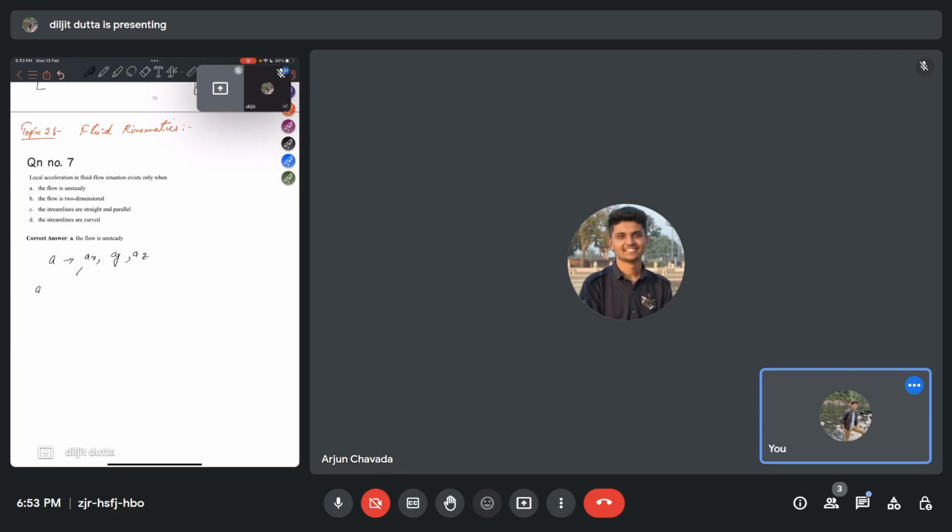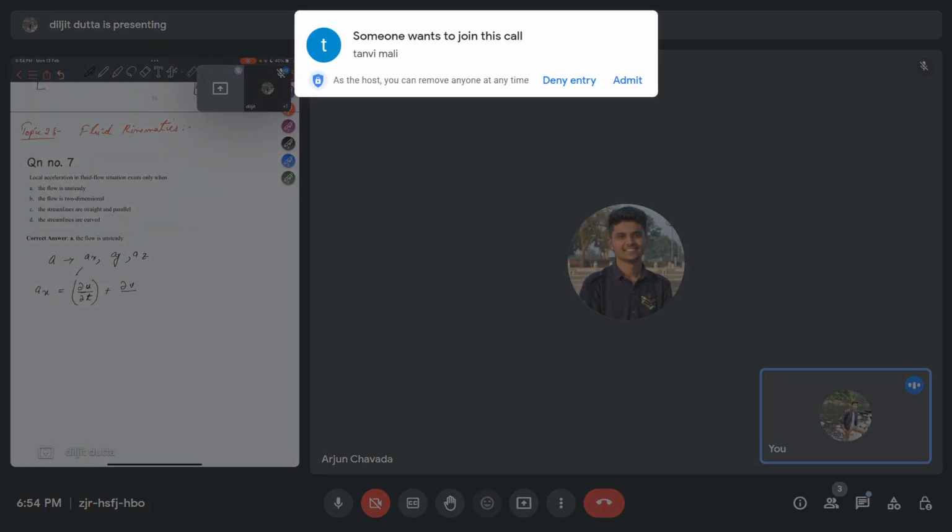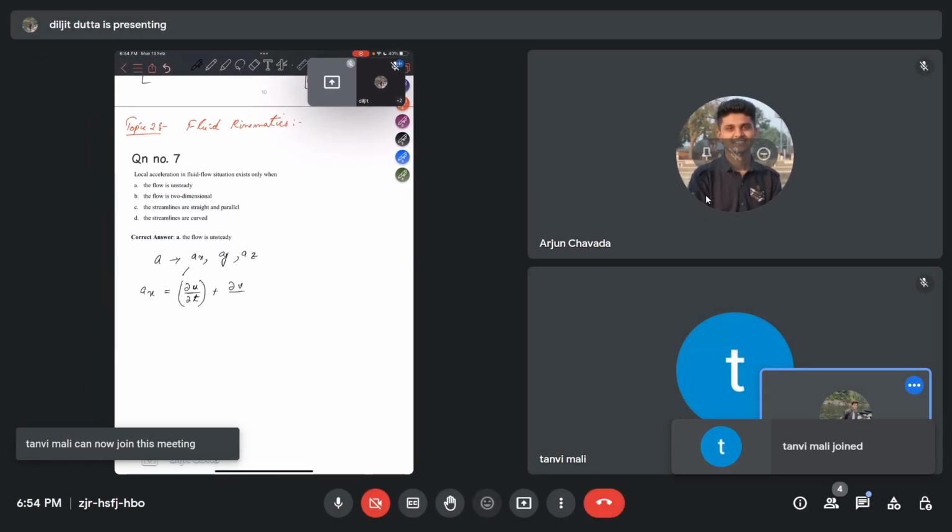If we take only ax, one part comes due to the local part, that is only due to change in time.